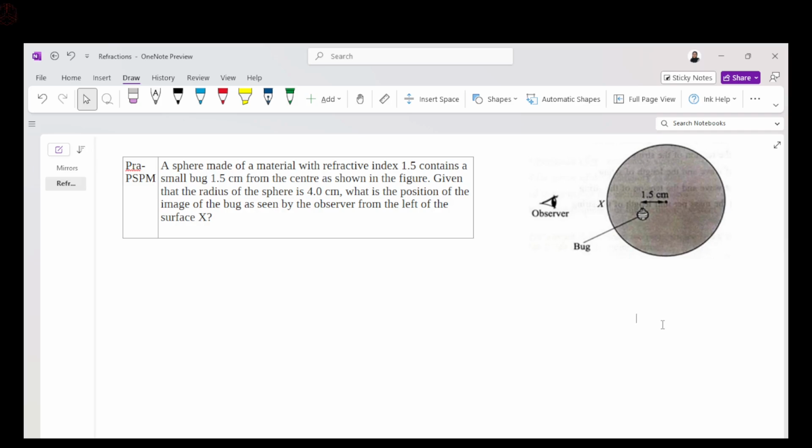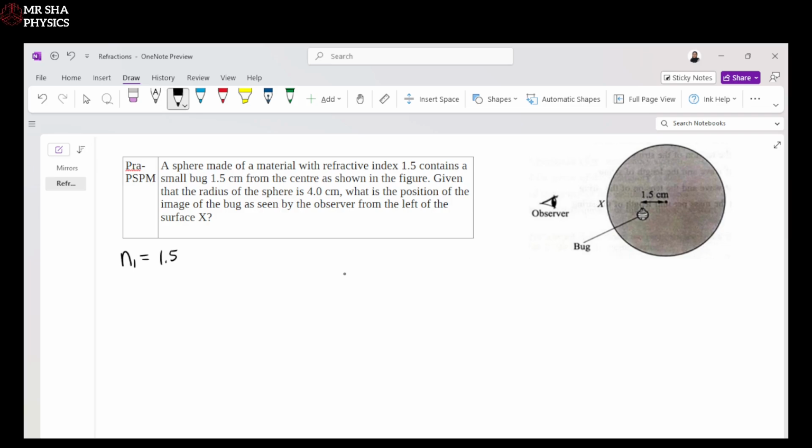Since the bug is in the material of refractive index of 1.5, I can confidently write down that my n1 is going to be 1.5. And its position is 1.5 centimeters from the center. But that doesn't tell you that that is the distance from the surface. So then we have to continue on reading.